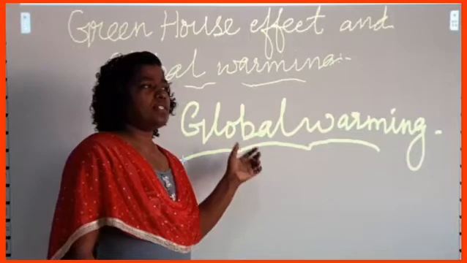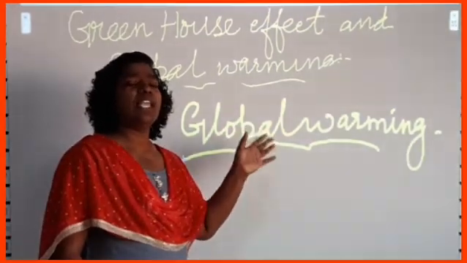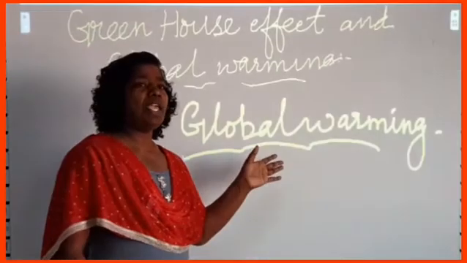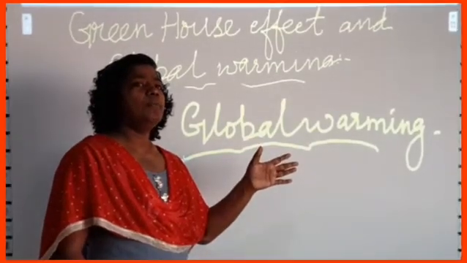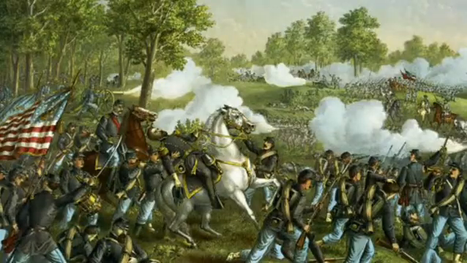Scientists say that the increase of greenhouse gases may increase the earth's temperature from 1.5 centigrade to 4.5 centigrade by the year 2030.